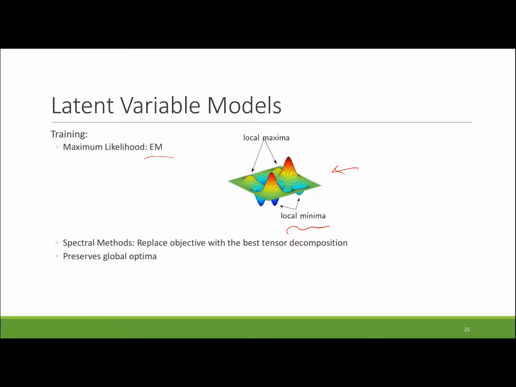Basically, you have to do a lot of restarts and hope that one of these restarts is going to get you to the globally optimal solution. And for spectral methods, although the optimization surface is non-convex, you are still guaranteed to recover the globally optimal solution under the non-degeneracy assumption.